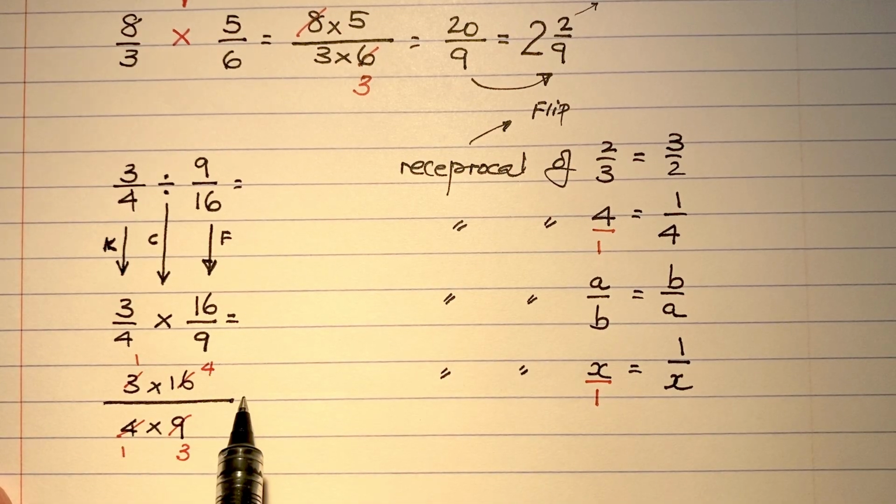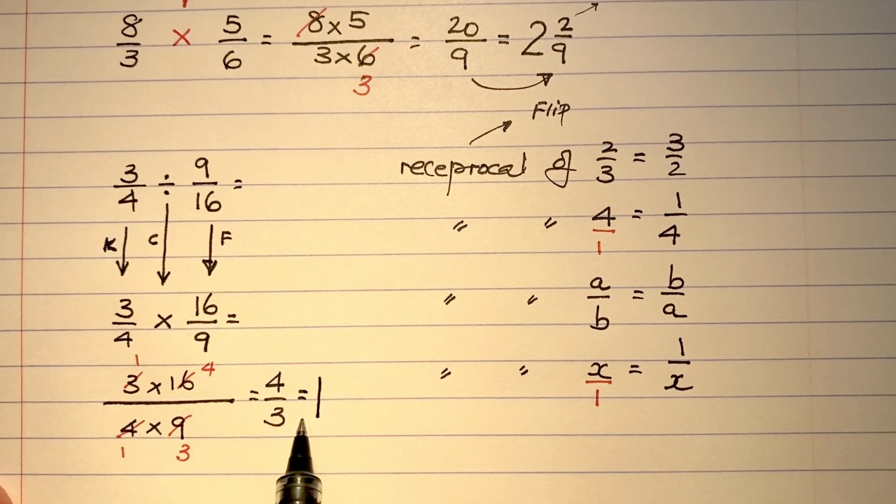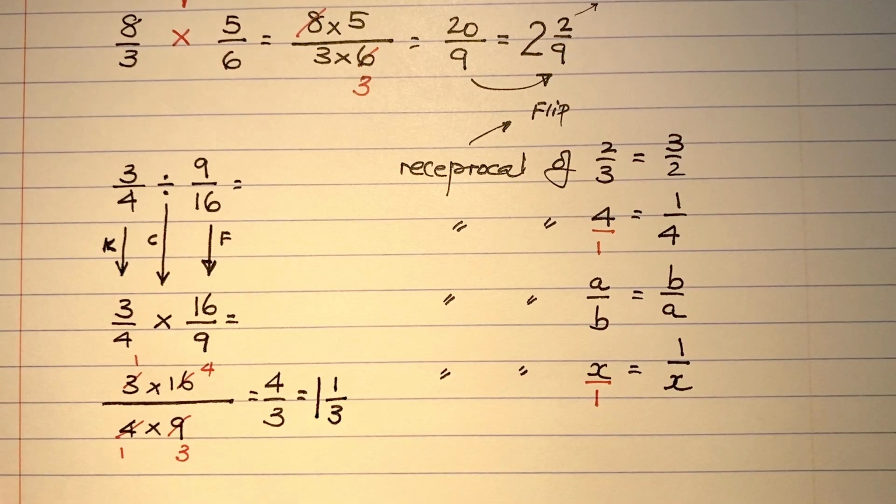So we have 1 times 4, 1 times 3. Top heavy, 3 into 4 goes once. Left with 1 over the same bottom number.